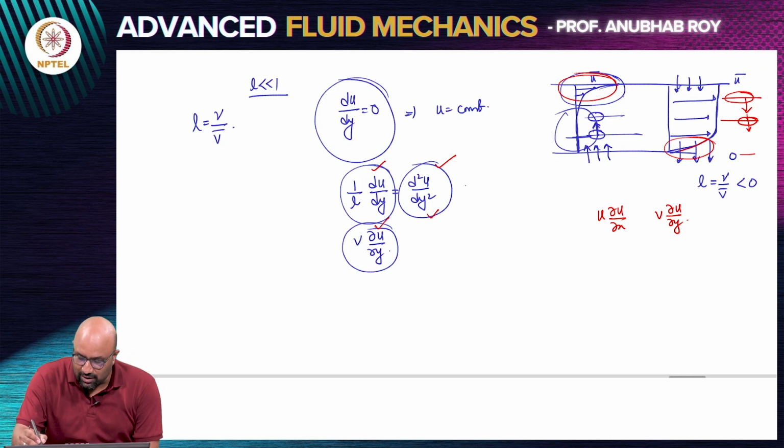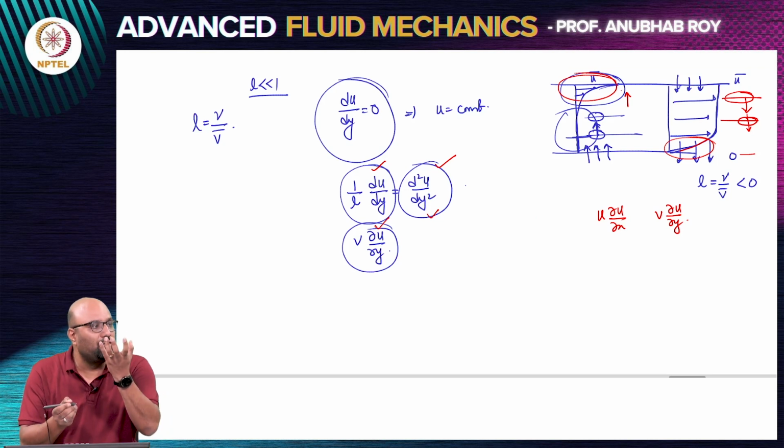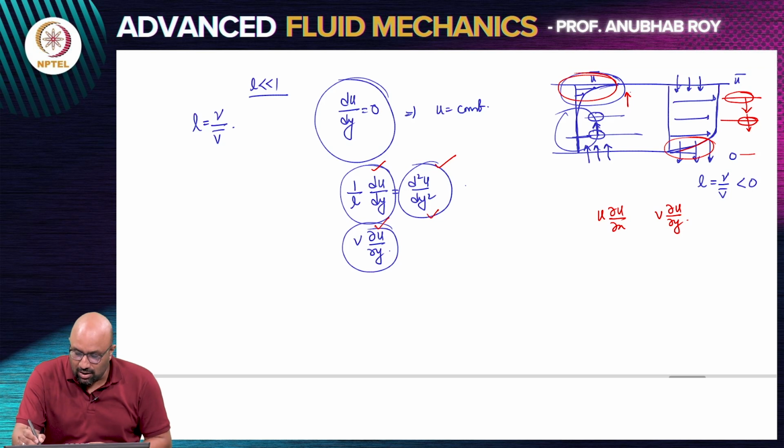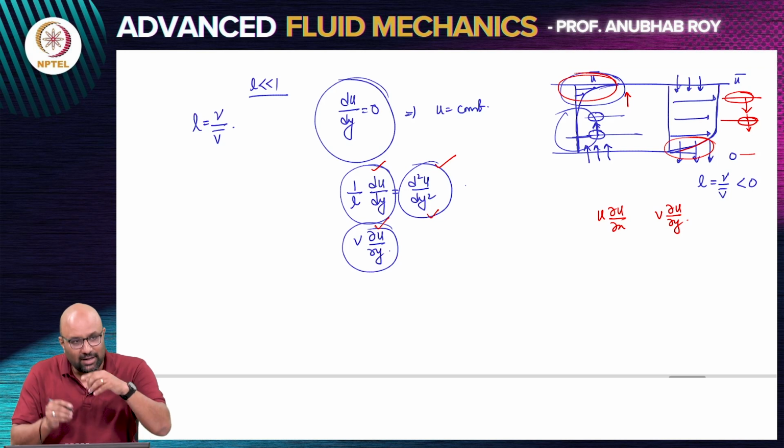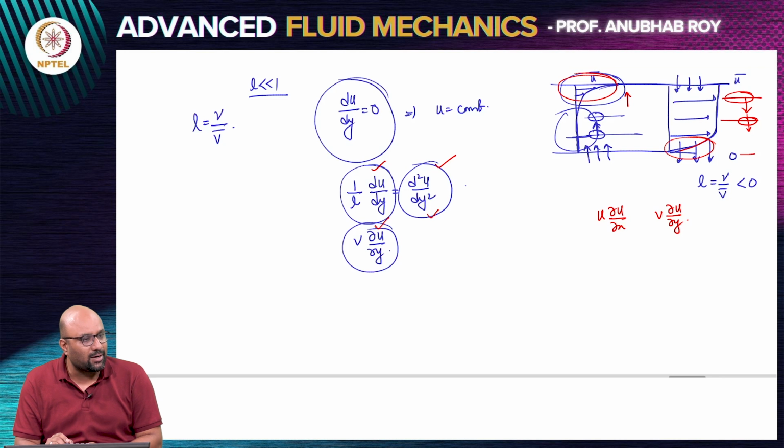Or in this case, for instance, it is actually inhibiting the transport, because it is trying to push the fluid further up. The transport is against the direction in which viscous diffusion is going to act.